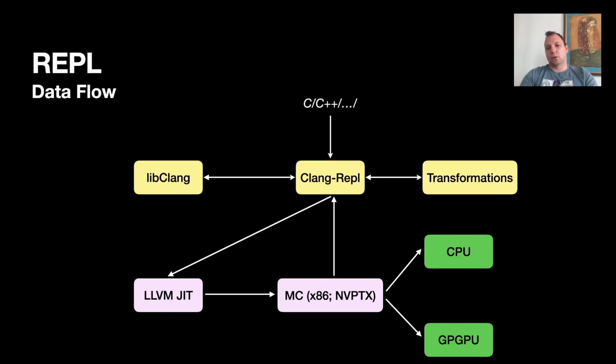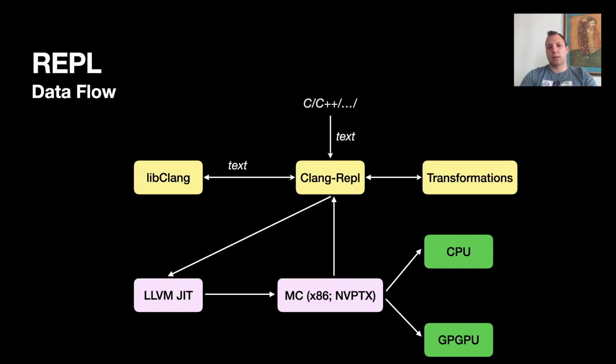Now, we saw the canonical pipeline that goes through the front end and the backend and the LLVM IR. Here, the classical REPL changes that a little bit. For example, in the demo that I showed, we got text. We went to Clang REPL or our PLDI REPL.